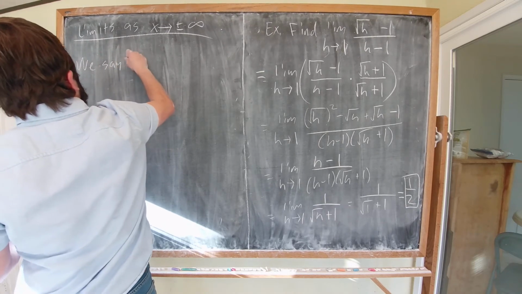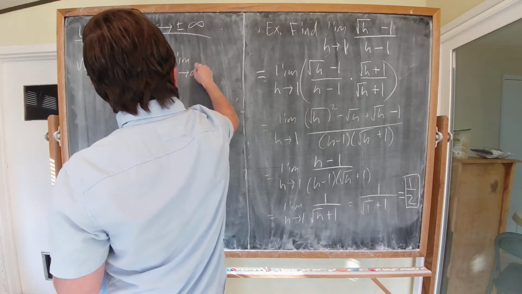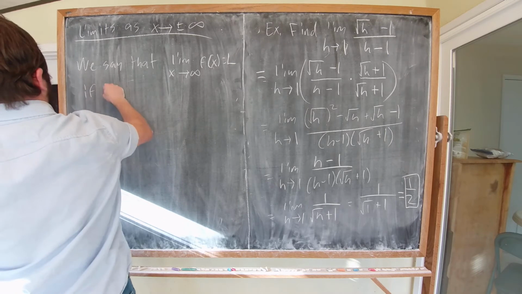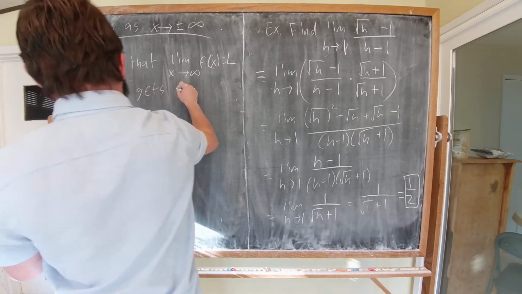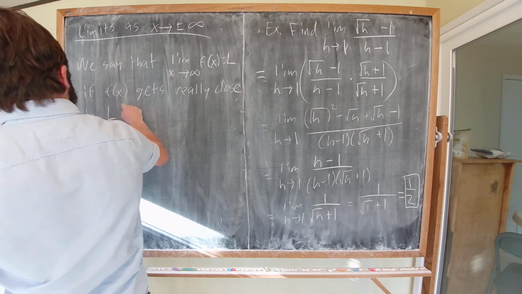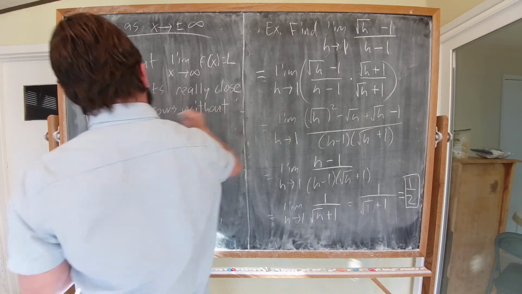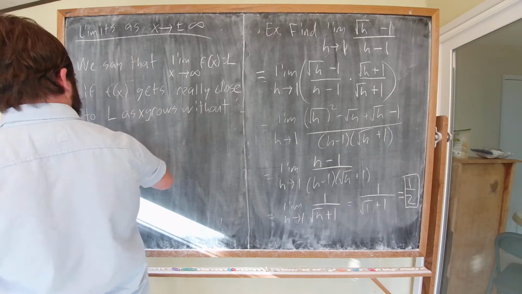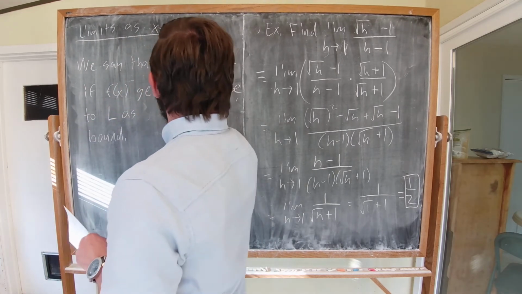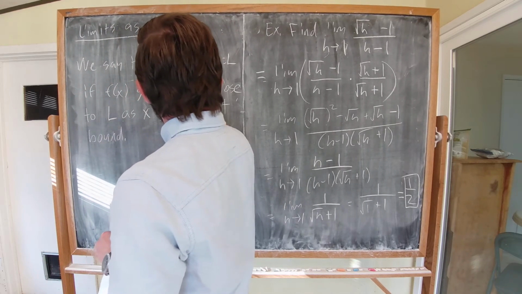We say that the limit as x goes to infinity of f of x is equal to L if f of x gets really close to L as x grows without bound.